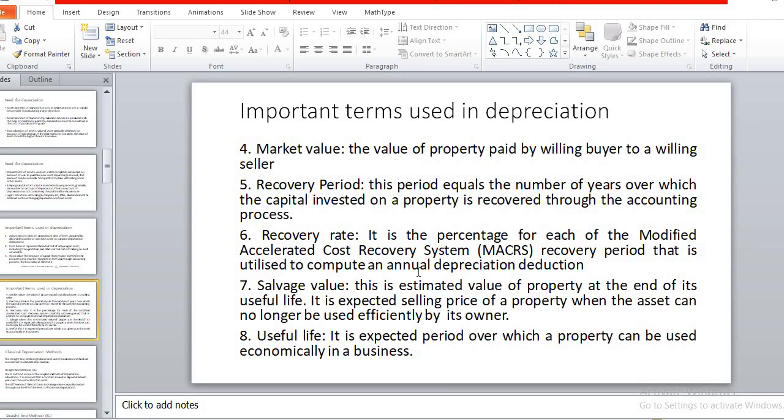So the recovery rate in terms of percentage is applied through this annual depreciation deduction.